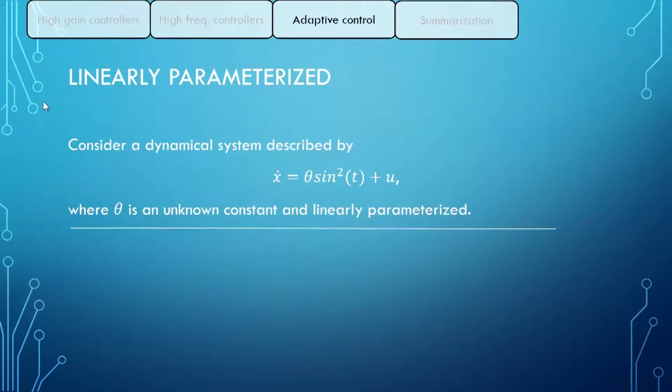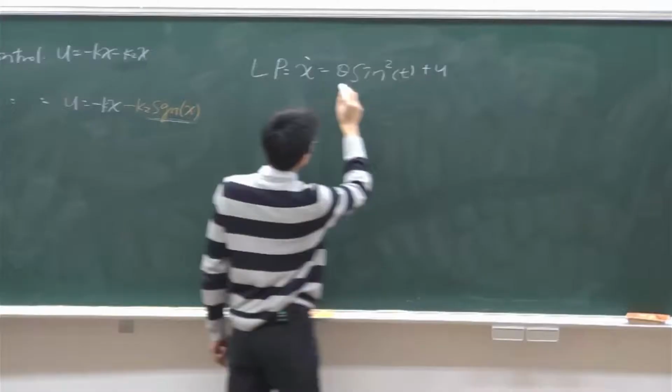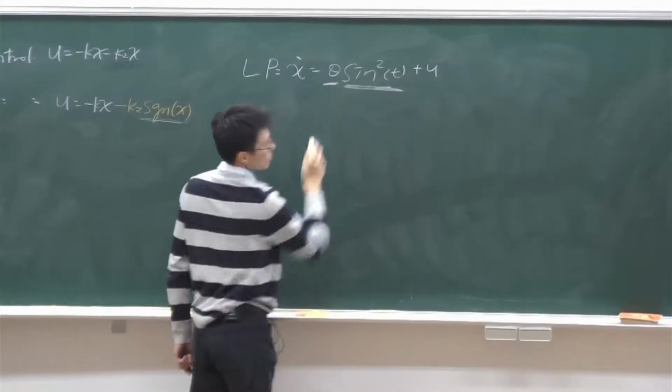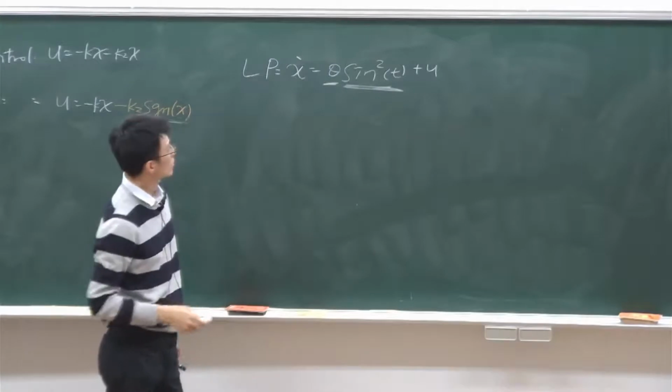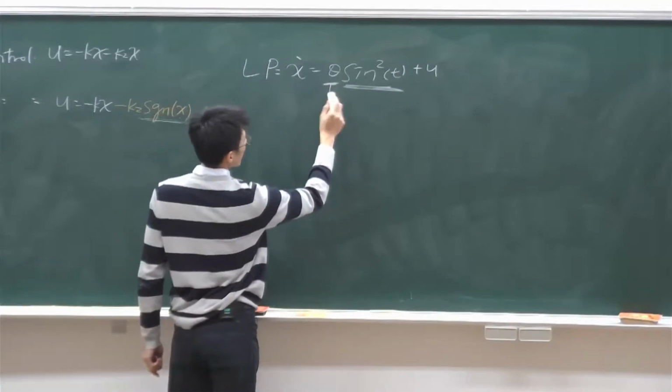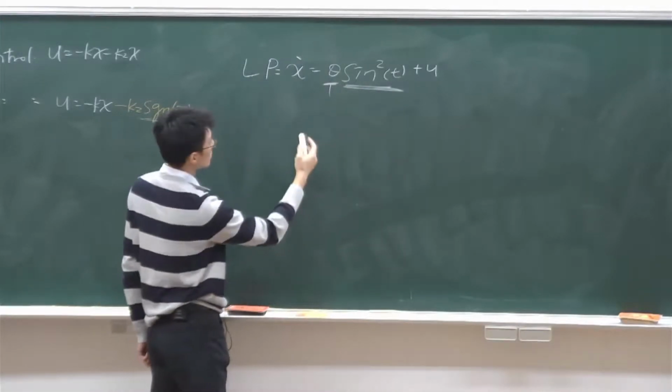It's linearly parameterized, which means your unknown system parameter can be parameterized with the unknown part and the known part linearly separated. You can separate this linearly. This is unknown, this is known, given T is known.